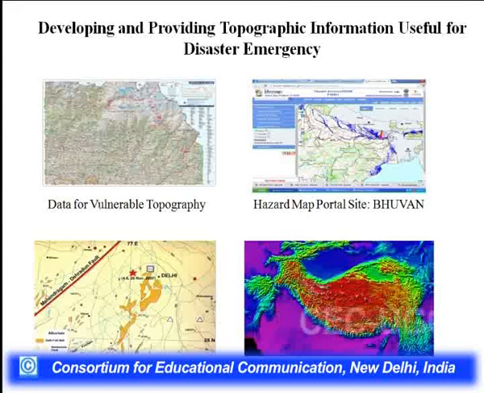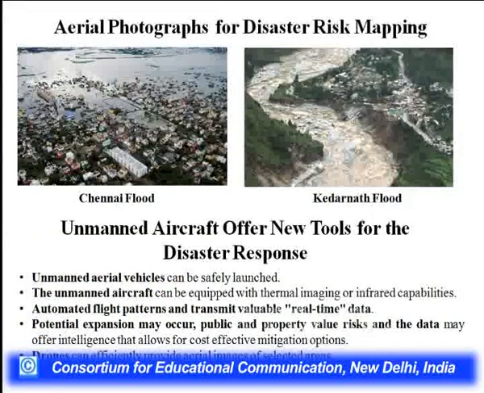Now I would like to bring one example here. Developing and providing topographical information useful for disaster emergency. Our disaster response force can use such type of information about the height, altitude, elevation, and the different types of infrastructure available. Here you can see.